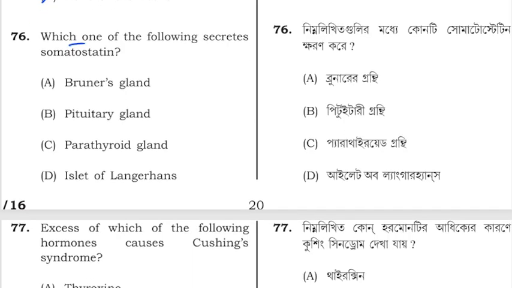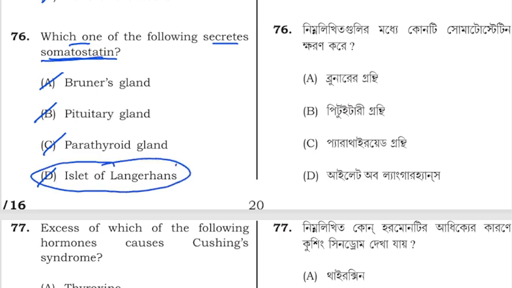Next question is, which of the following secretes somatostatin? Is it Brunner's gland, pituitary gland, parathyroid gland or islet of Langerhans? So this somatostatin is released by islet of Langerhans. D is right.